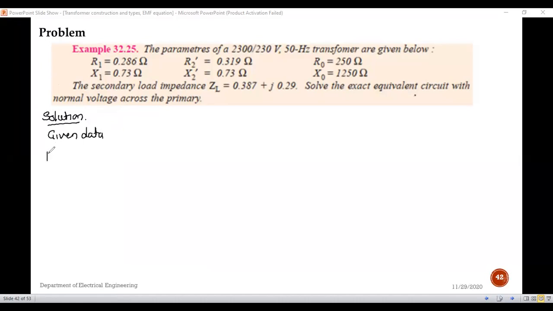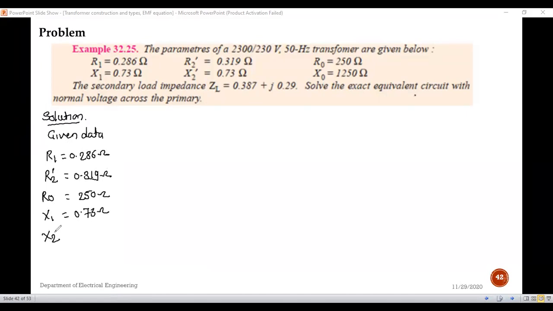What is given? Resistance R1 is given, 0.286 ohm. Then R2 dash is given, which is 0.319 ohm. R0 is given, that is 250 ohm. Similarly, the value of X1 is given, X1 equals 0.73 ohm.